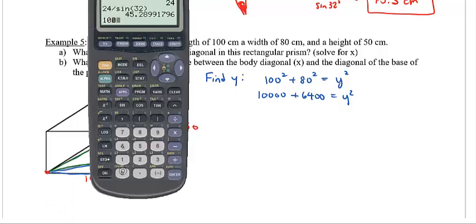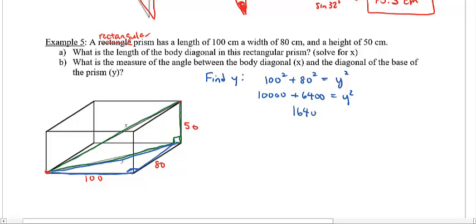So 100 squared plus 80 squared equals 16,400. We're going to take the square root of 16,400: 128.06. That's y. But that's not what we want.